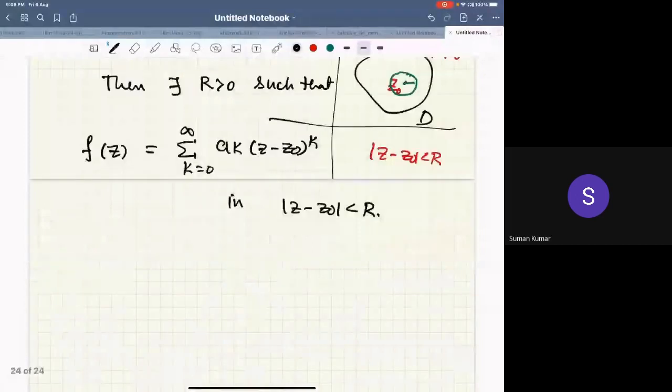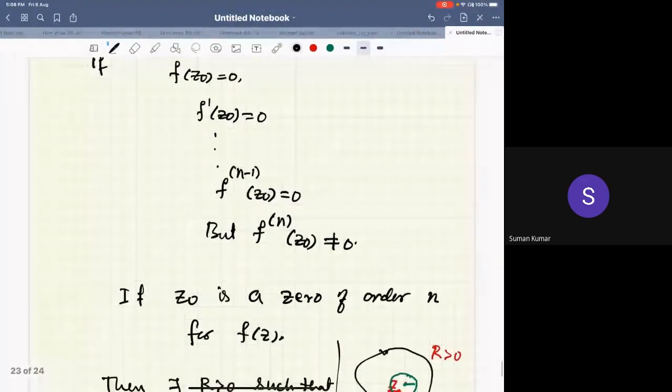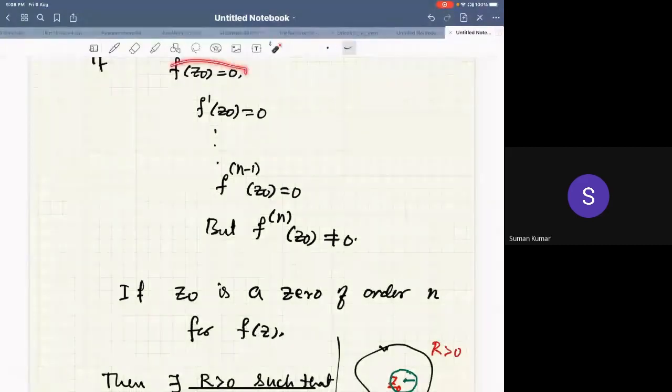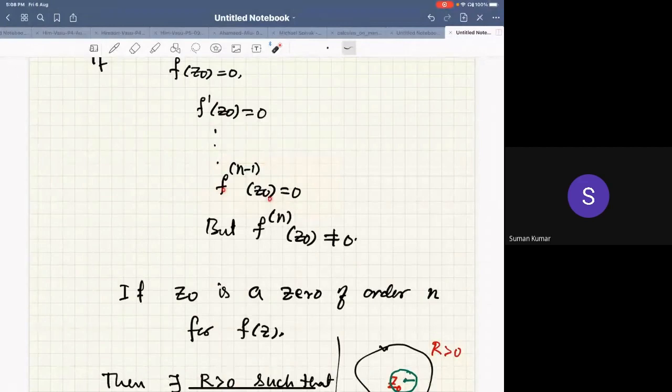That means since z0 is a zero of order n, f of z0 will be 0 and f dash of z0 will be 0 and so on, f power n minus 1 at z0 is 0. So I can only retain f power n of z0.